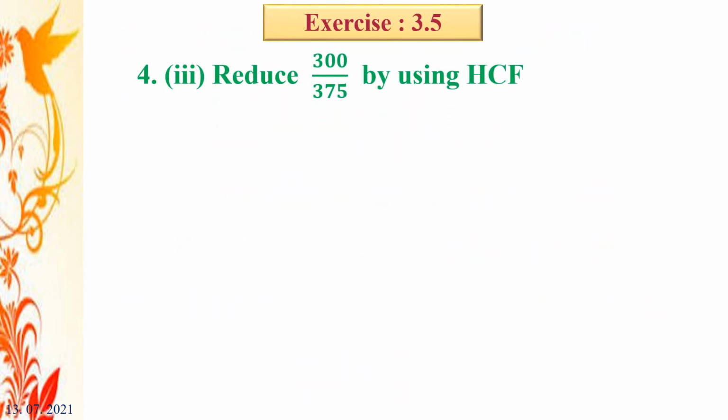Reduce 300 divided by 375 by using HCF. First take the numerator, that is 300, and find all its factors, that are 2 multiplied with 2 multiplied with 3 multiplied with 5 multiplied with 5. Then take the denominator and find all its factors.